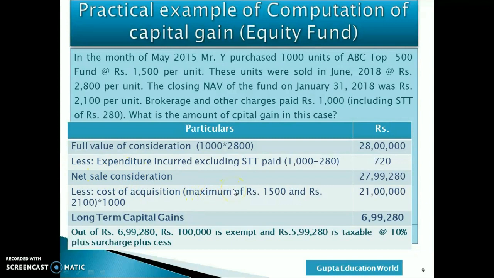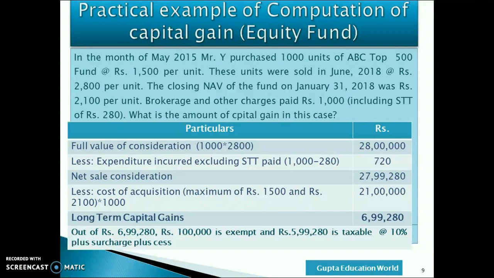and from financial year 2018-19 there is one clause that if you have held the units before 31st January 2018, then you can take the cost of acquisition as whatever actual cost of acquisition for you, or closing NAV as on 31st January 2018, whichever is more. In this case our cost of acquisition will be 2100.